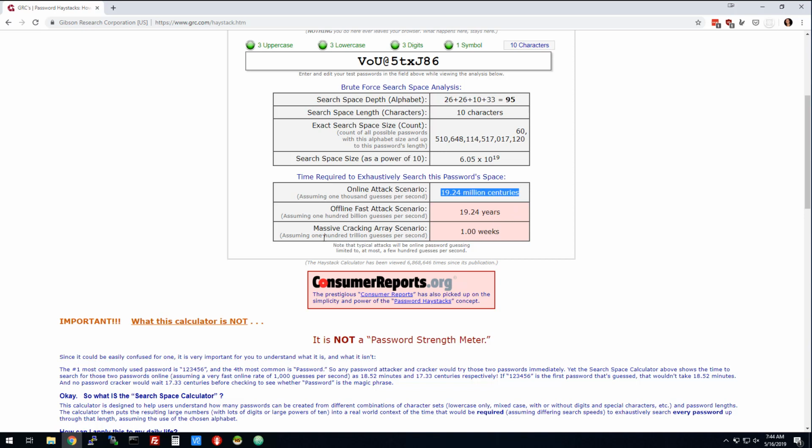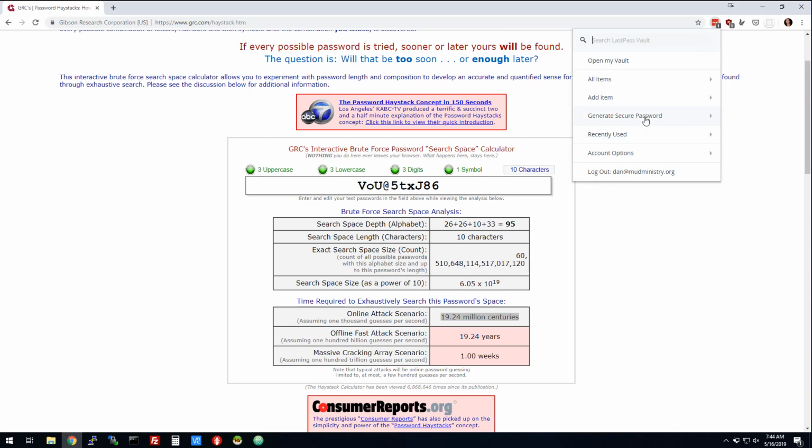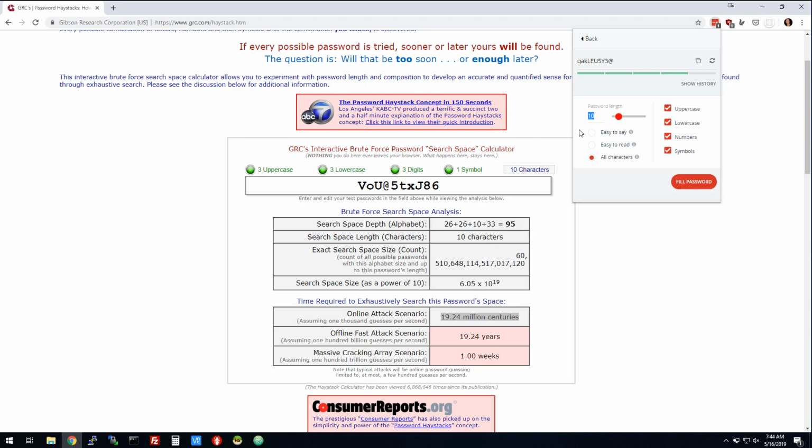And even if you had 100 trillion guesses per second, it would still take an entire week. So in other words, if the government wanted to throw all of their resources at it and try to crack it, it would still take them a week to do it. Now let's go ahead and double that one more time. We're going to generate a secure password, go to 20 digits, refresh, and paste this.